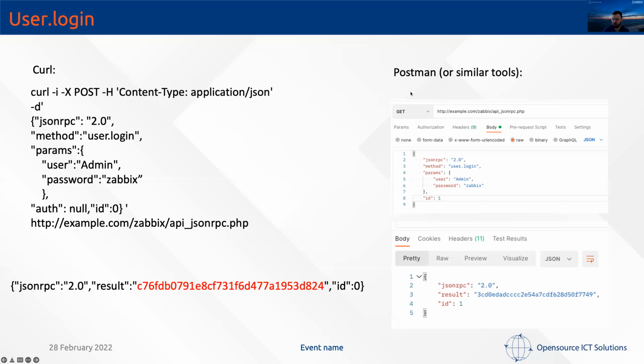And of course, we have Postman or similar API or HTTP request tools. We can use Postman to do our GET request or POST request as well. Specify where we want to send it, username, password. It's the same thing, just we have to specify it in the body over here instead of in the CLI command. You will get the results and we can use the result in any other methods we want to use it.